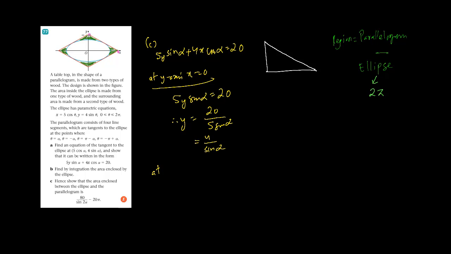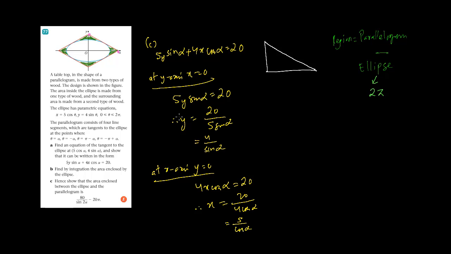Again, now we want to find where the tangent cuts the x-axis. At the x-axis, y equals 0, so this term becomes 0, and it will be 4x cos alpha equals 20. Therefore x equals 20 divided by 4 cos alpha, which is 5 by cos alpha.